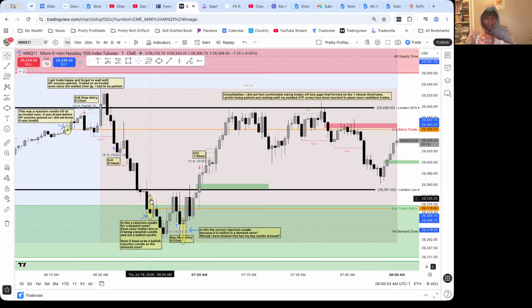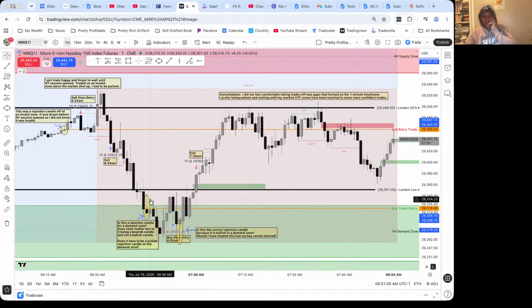Or do I wait to have the color of the candle match the actual zone? Do I only take bullish rejection candles off of demand zones, or only bearish rejection candles off of supply zones?